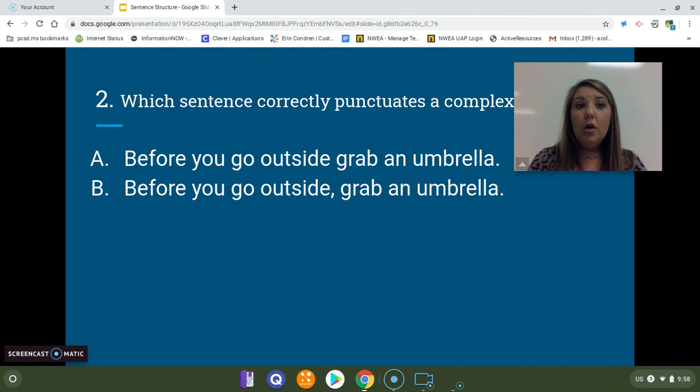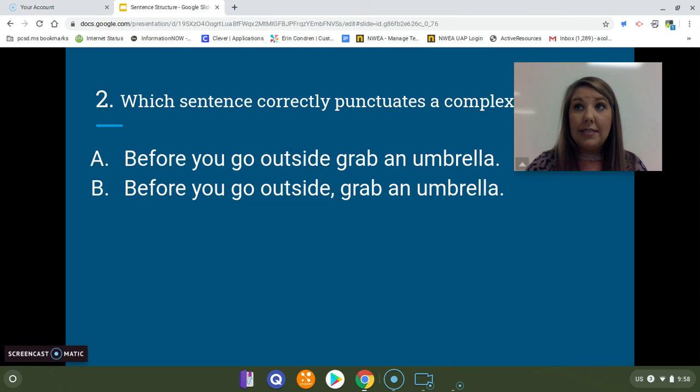Number 2, which sentence correctly punctuates a complex sentence? So let's look here and see which one is punctuated correctly. A, before you go outside grab an umbrella. B, before you go outside, comma, grab an umbrella. So what we need to do here is look and see where the subordinating conjunction is.